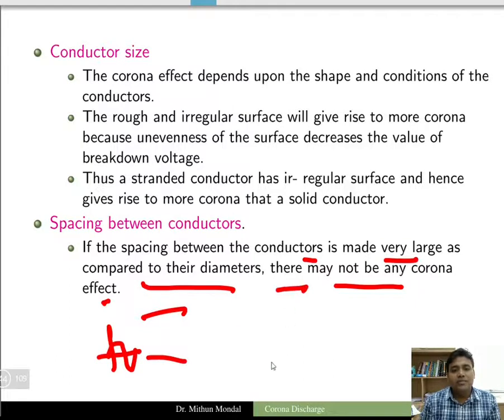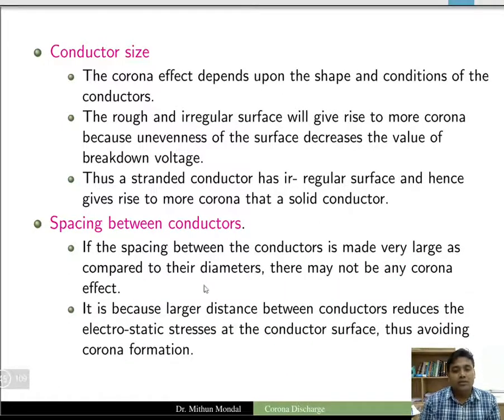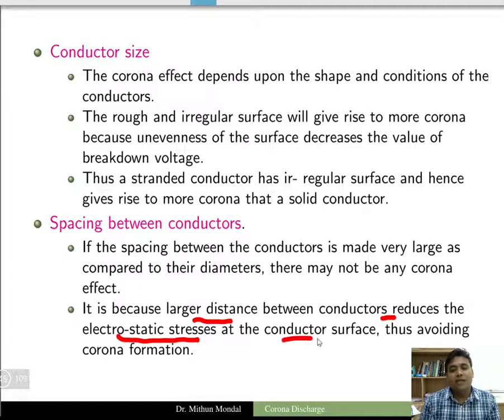Now if the spacing is quite large, then there may not have any corona effect. It is because larger distance between conductors reduces the electrostatic stresses at the conductor surface, thus avoiding the corona formation. So more distance between the conductors will give rise to less corona.